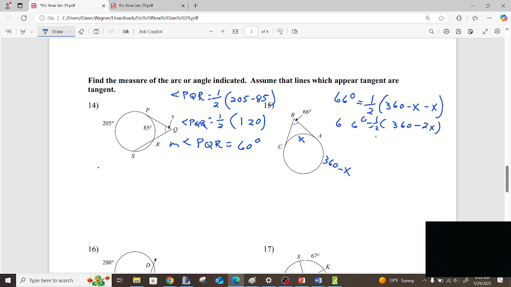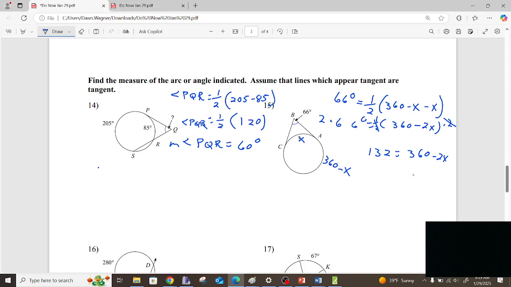What do I do to get rid of this half? Multiply both sides by 2. And so what's 66 times 2? 132. And then that just leaves us the 360 minus 2x, because when I multiply 2 and multiply a half, that cancels out to a 1.